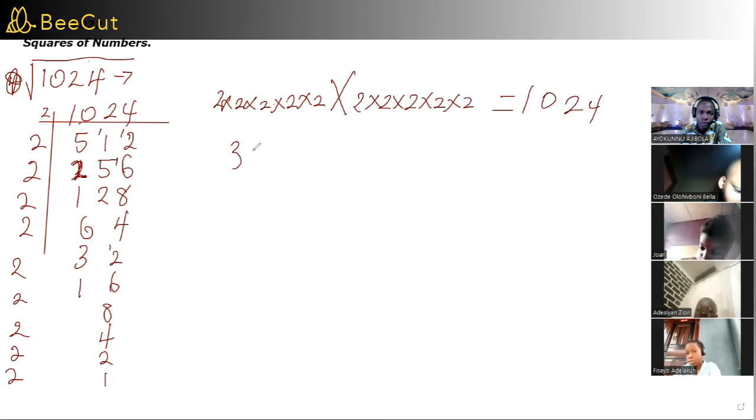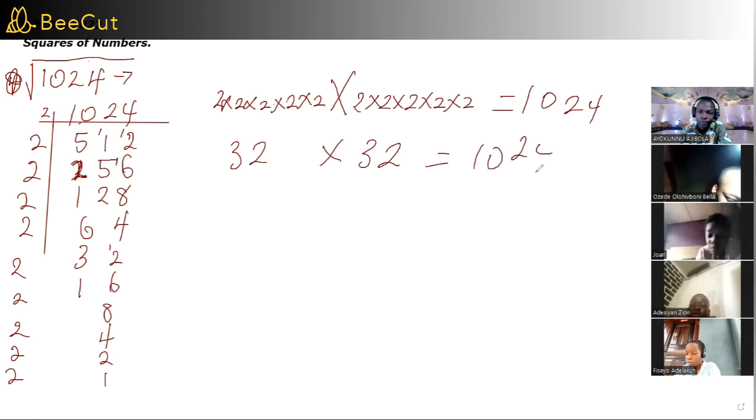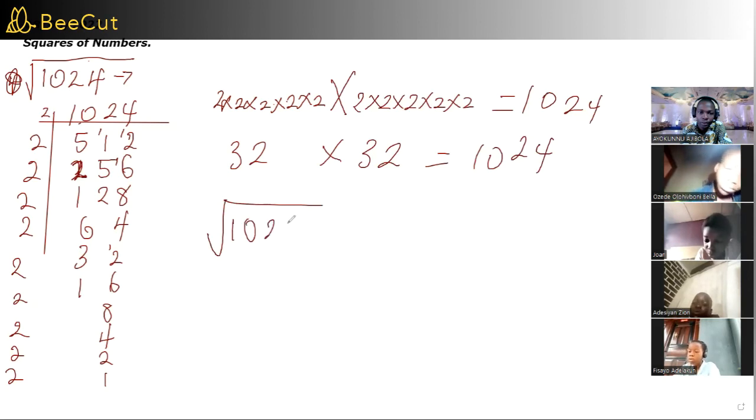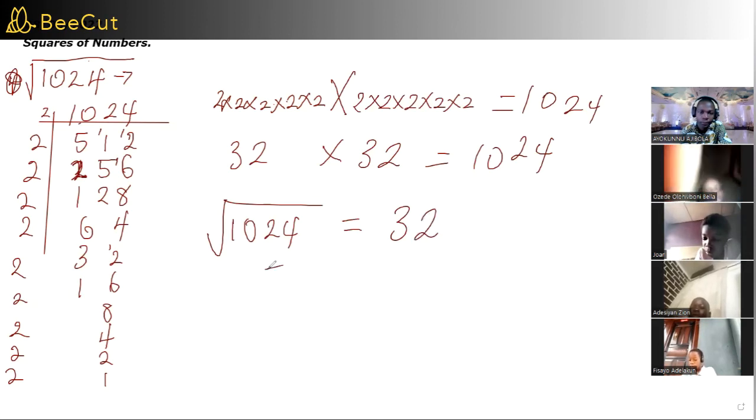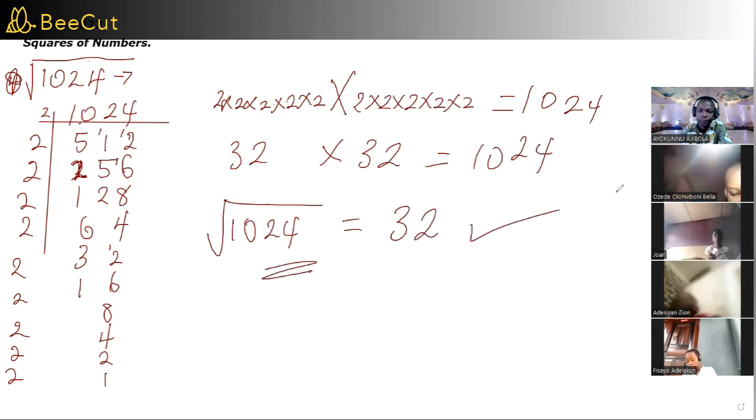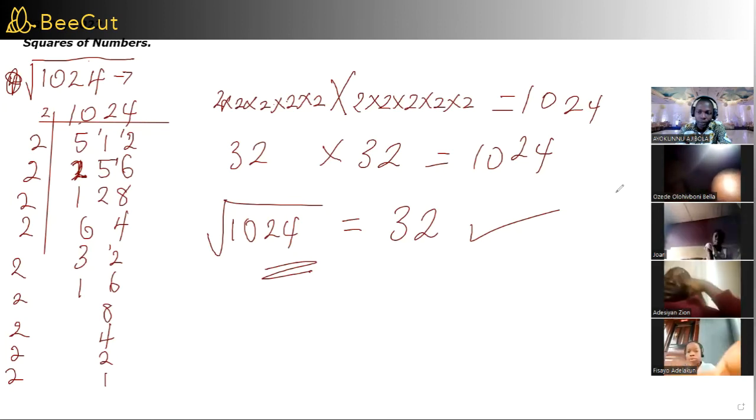This gives me 32 times 32. That gives me 1024. So in a nutshell, the square root of 1024 is 32. So is that clear to you now? Yes, sir. Okay, that's very good.